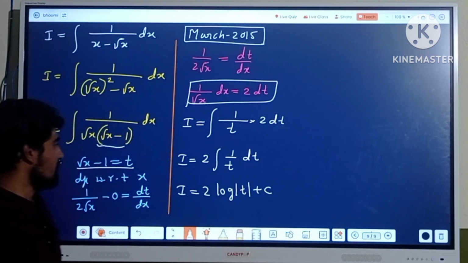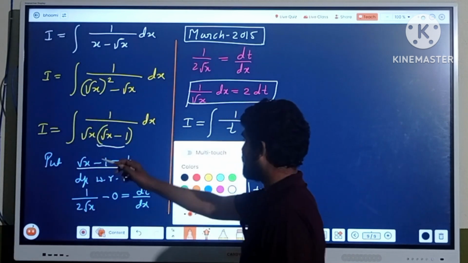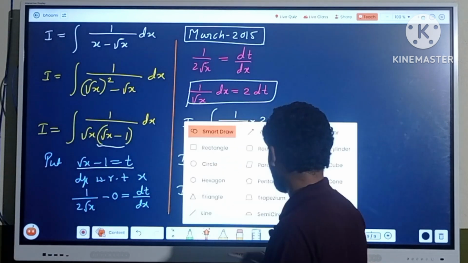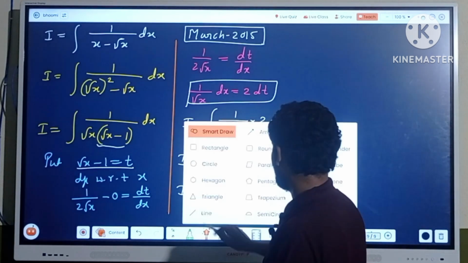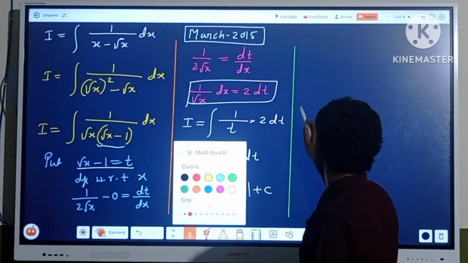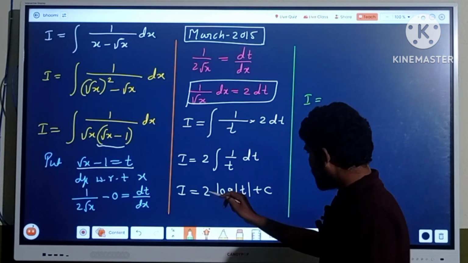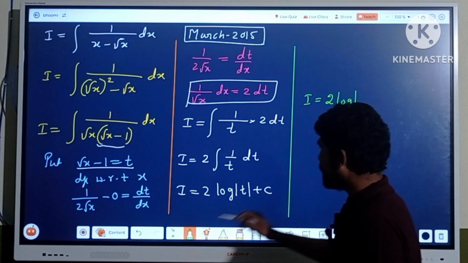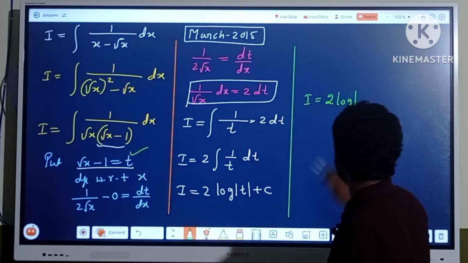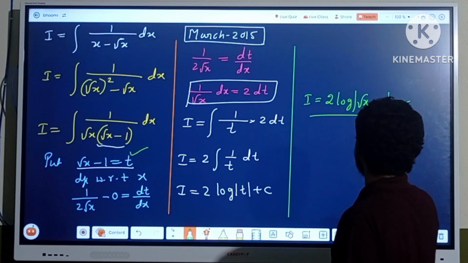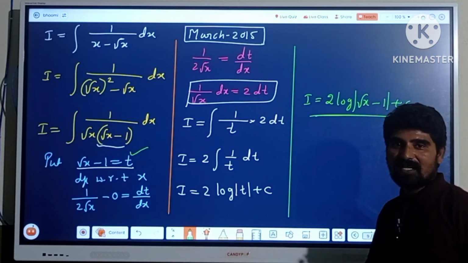Again replace t by root x minus 1. Therefore, I is equal to 2 into log modulus t, where t is root x minus 1, plus the integral constant c, and this is the final answer for the given integral problem.